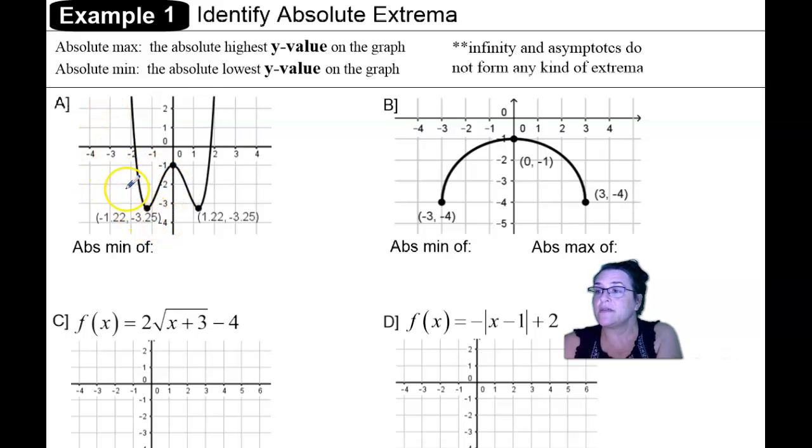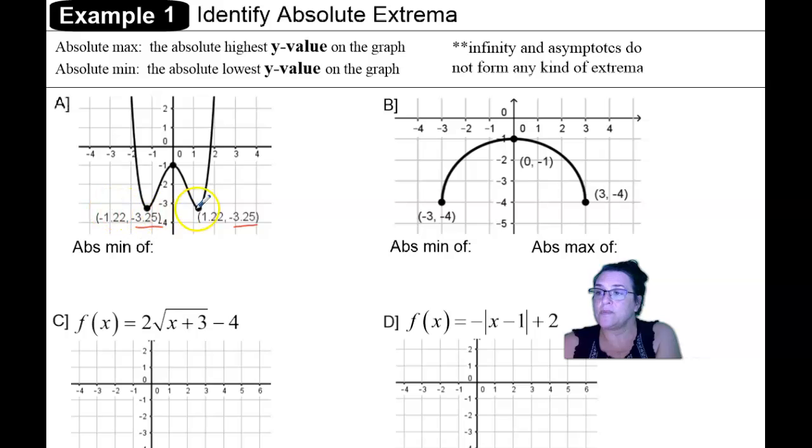And we see 3 turning points, right? There's one right here, another here, and another here. So this one in the middle at 0, -1, that's a relative maximum or local maximum. So since we're only identifying absolute extrema, we're going to ignore that for the moment and instead take a look at these 2 points here that both have the same y value of -3.25.